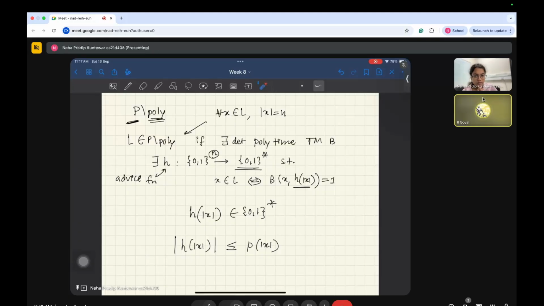But considering that this computation is non-uniform, we don't want to generalize anything. Here we are generalizing things over the length of the string x? Generalizing in the sense that in the uniform computation, we design a single Turing machine and that works for all the inputs.